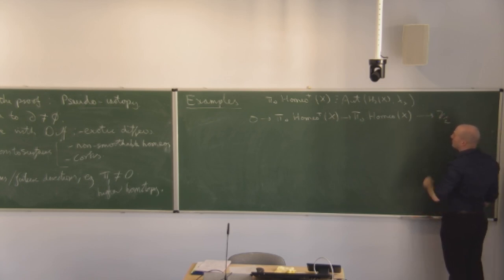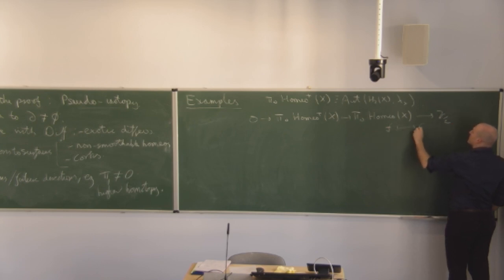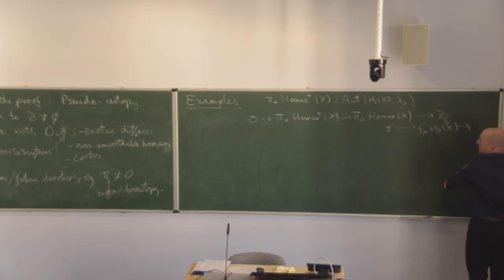Here, I can think of f star just as a map from H4 of X, so I think of this as an element of the automorphisms of Z.